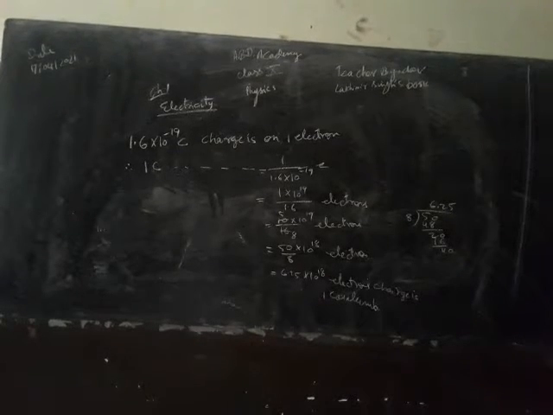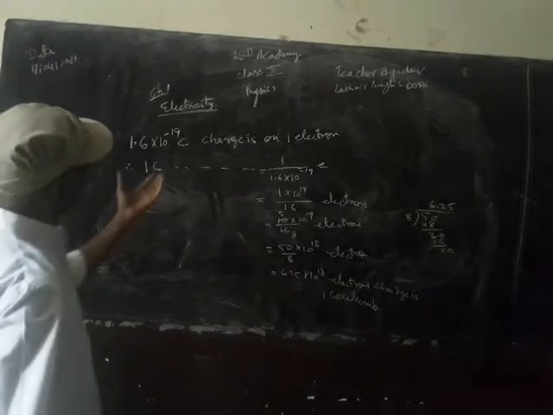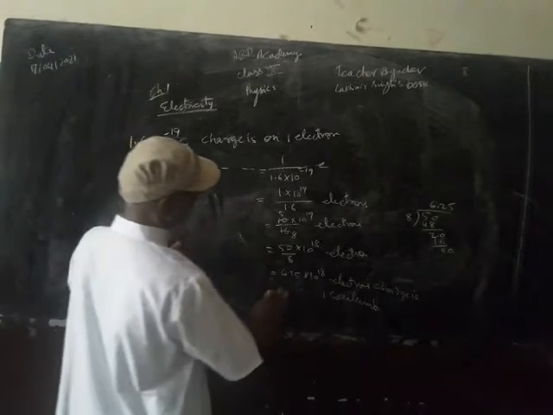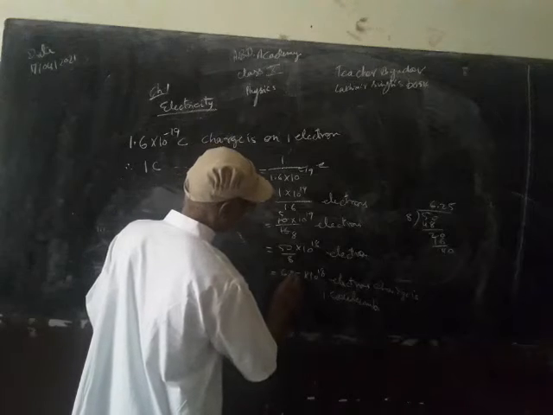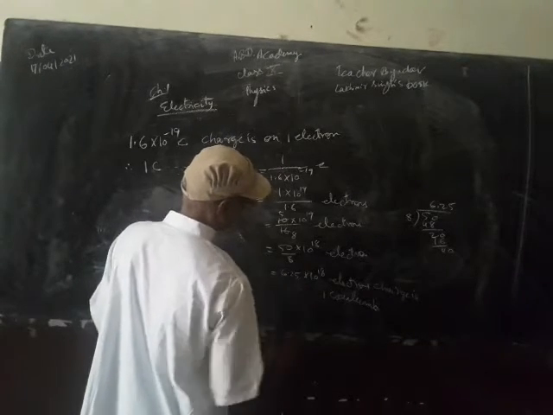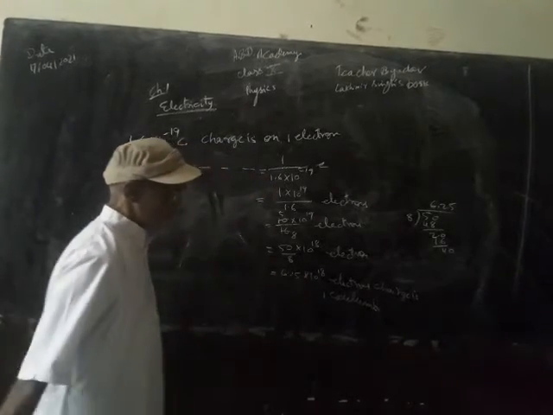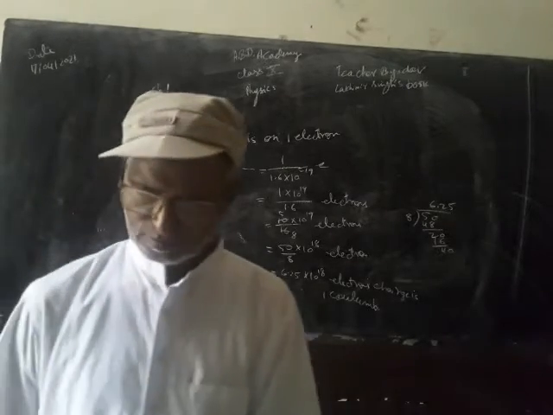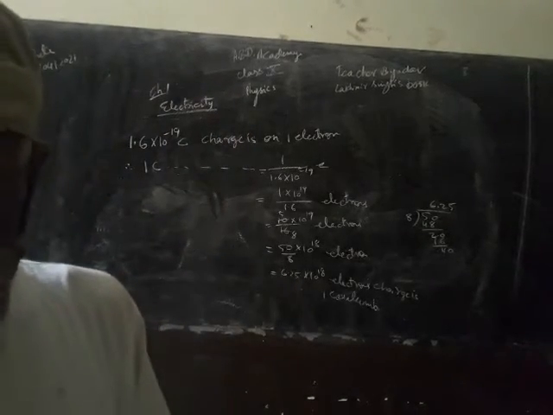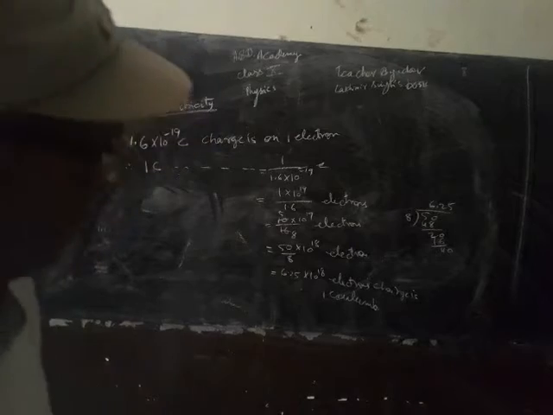So this is a very big number. Try to understand. And this question is very common. How many electrons combine to have a 1 coulomb charge? Here in electricity, we shall study about definition of ampere.